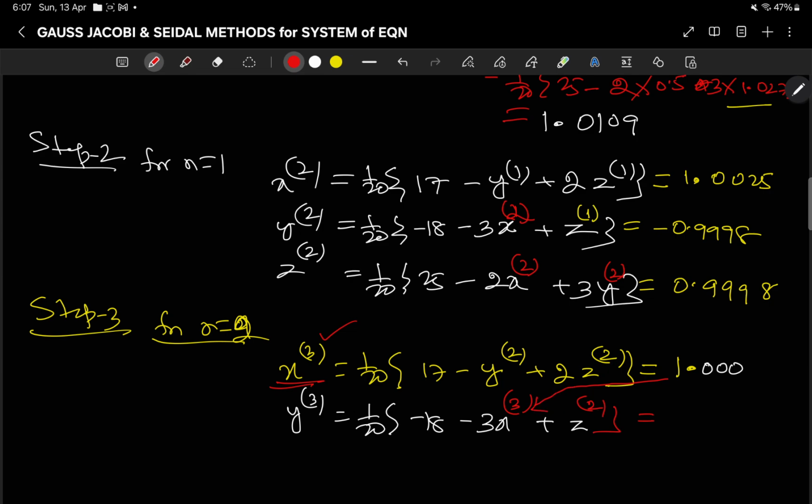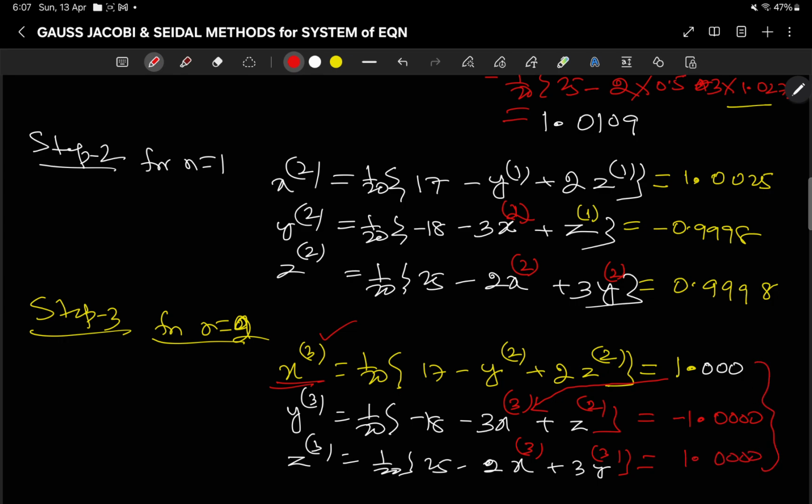So this will be minus 1.0000. Then coming to my z at this third step, it is 1 by 20, 25 minus 2 times x plus 3 times y. So these are the improved results. x is improved in the third step and y is also improved in the third step, okay. If I substitute these values, it will be 1.0000.